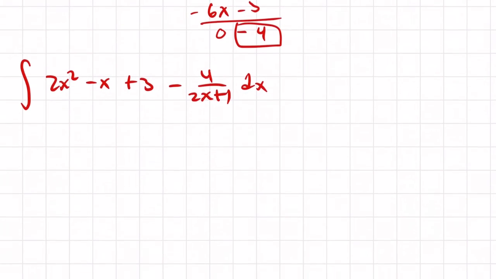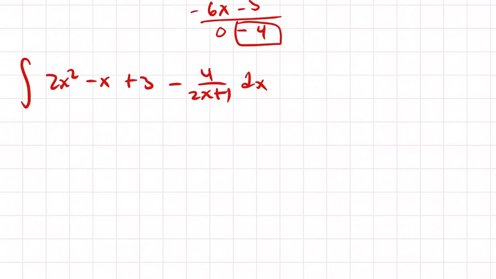So now we're going to be able to integrate each term, and then hopefully find our answer. The integral of 2x squared is going to be 2x cubed over 3. The integral of negative x gives you negative x squared over 2.